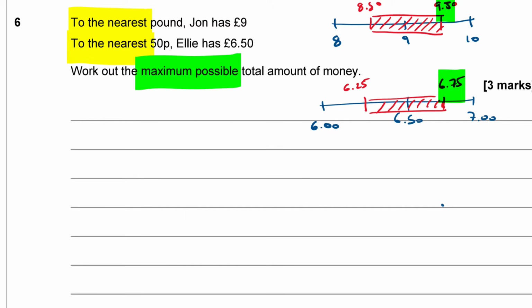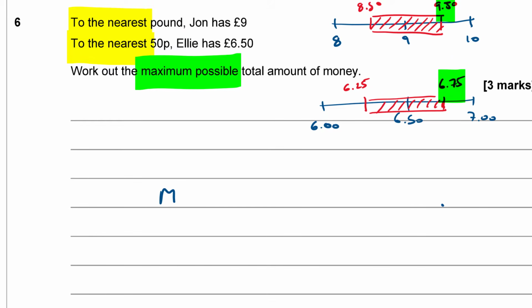But in this case, money, pounds and pence, is a discrete amount, not a continuous amount. So actually, the highest amount possible for John is not going to be £9.50, because I would have to round up in that case. It's going to be £9.49.